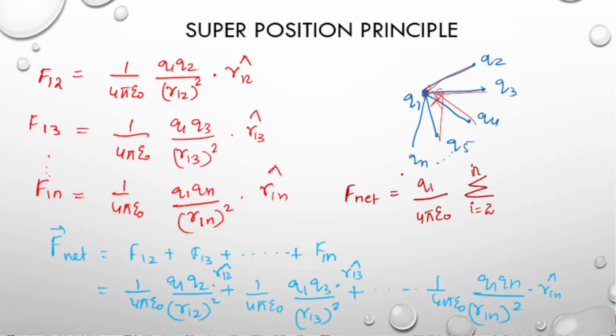That I am going to mention as Qi by R1i whole square into R1i cap. Okay, R1i cap. Clear?